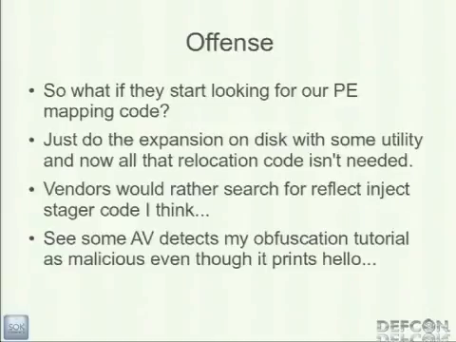So if you customized your PE mapping code or expanded it on disk and then moved it into memory, it would be a lot more effective, and that, I believe, is what Meterpreter does. Another component is that the way you map it changes where you have to look for PE headers in memory in order to actually find the reflectively injected DLLs.